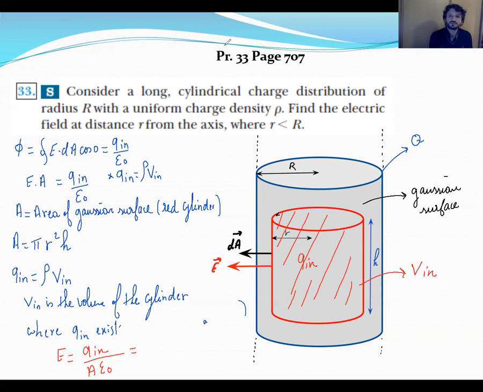We have Qn equals rho times Vn, the volume of Vn, the volume of this one, equals pi r square times h. Okay?